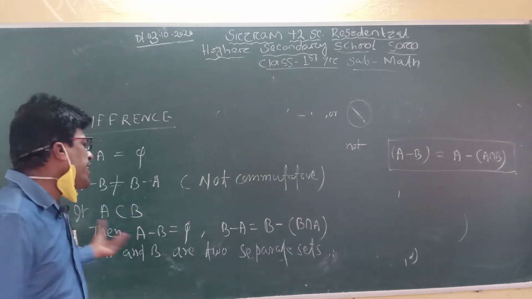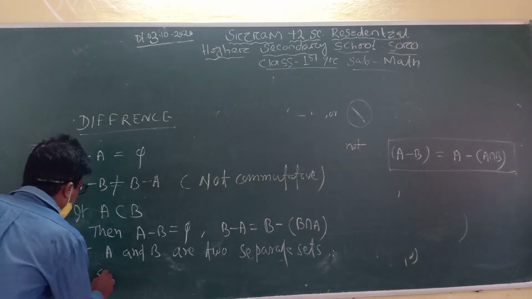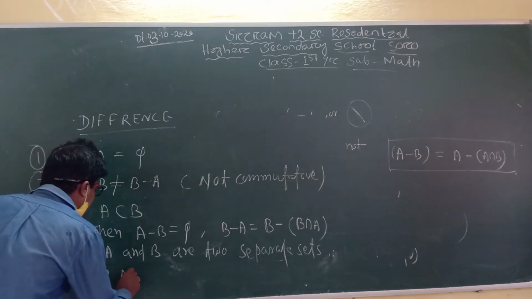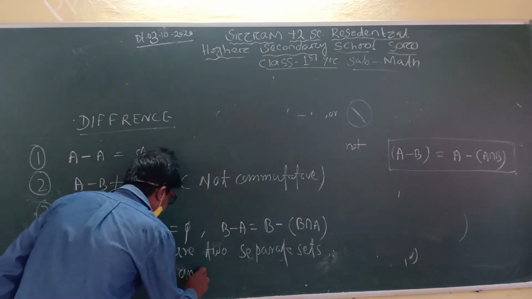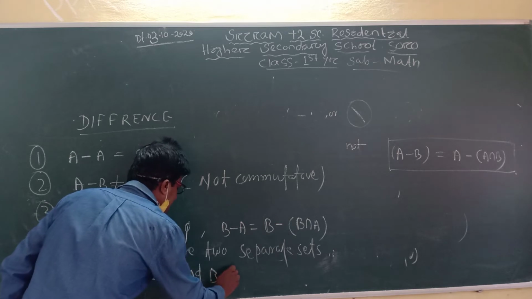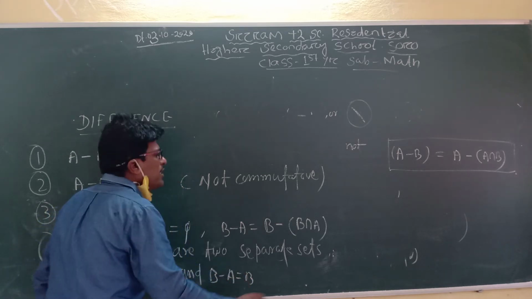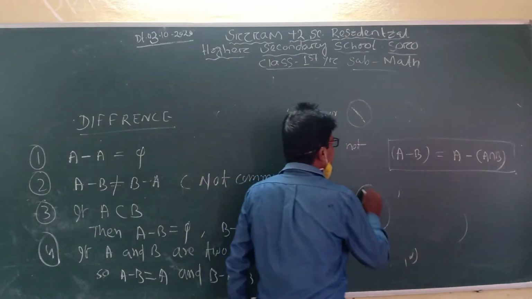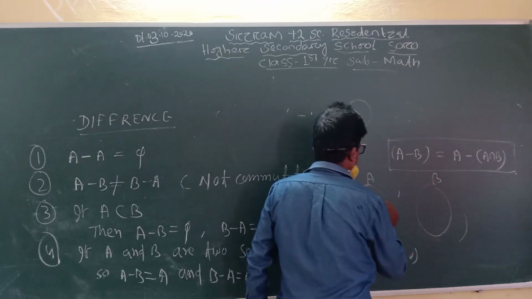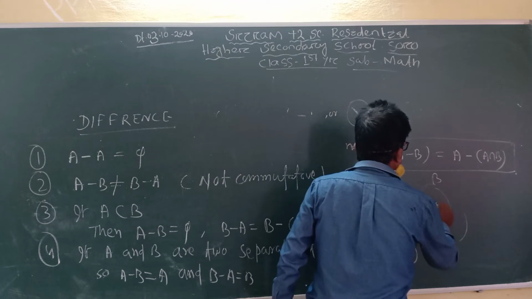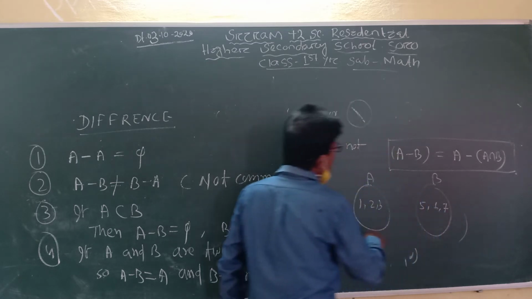There is nothing common between A and B. So in this case, A difference B is equal to A and B difference A is equal to B. In the Venn diagram, that is set A with 1, 2, 3, and that is set B with 5, 6, 7. There is nothing common between A and B.